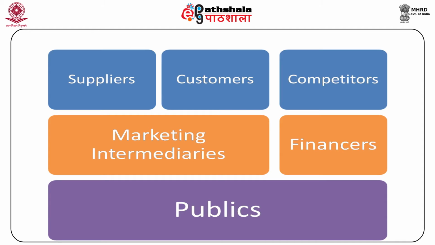These include the suppliers, marketing intermediaries, competitors, customers, and the publics. The macro environment consists of larger societal forces that affect all the actors in the company's micro environment, namely the demographic, economic, natural, political, and cultural resources.